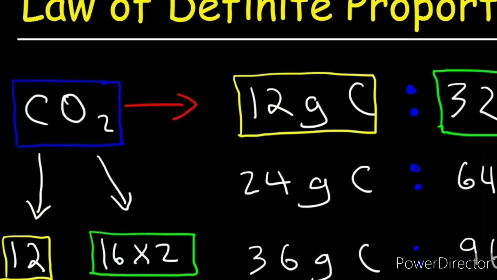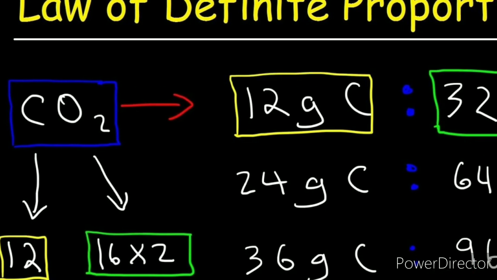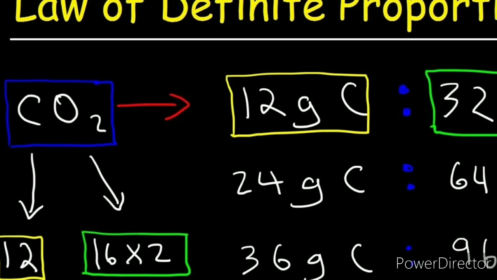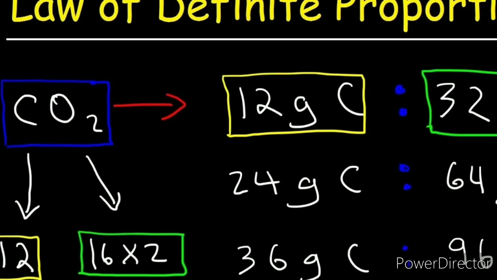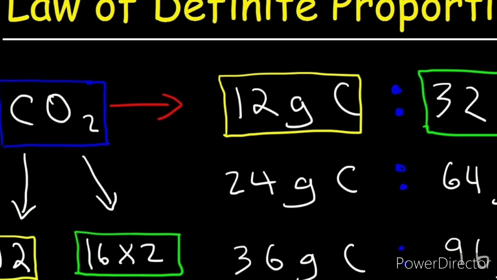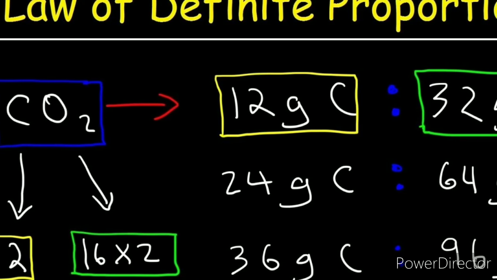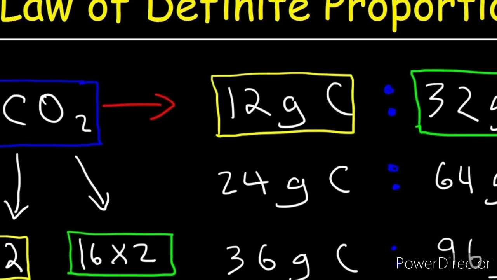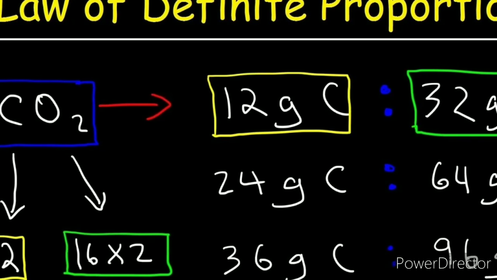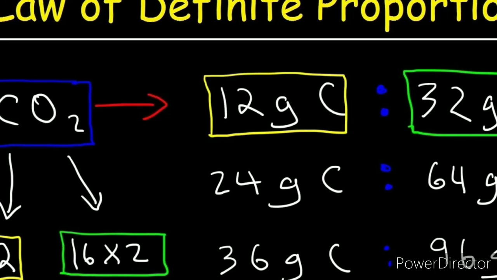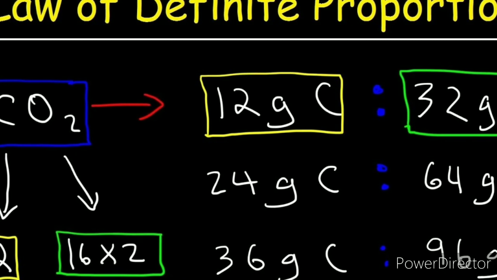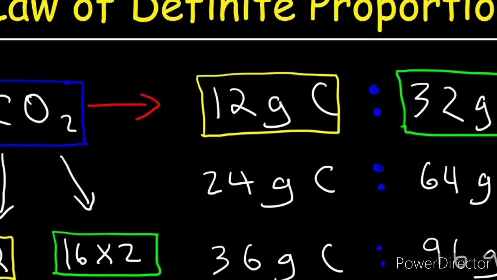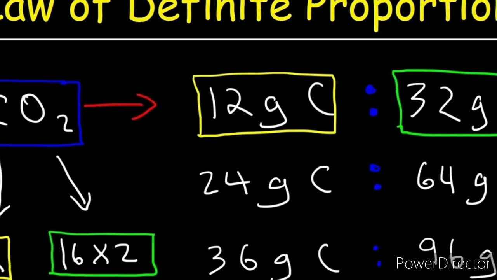Now let us talk about the law of constant proportion or definite proportion. This law has been given by Proust, and it states that a pure chemical compound always contains the elements in the same proportion by mass. It hardly matters from which source we have obtained that compound.